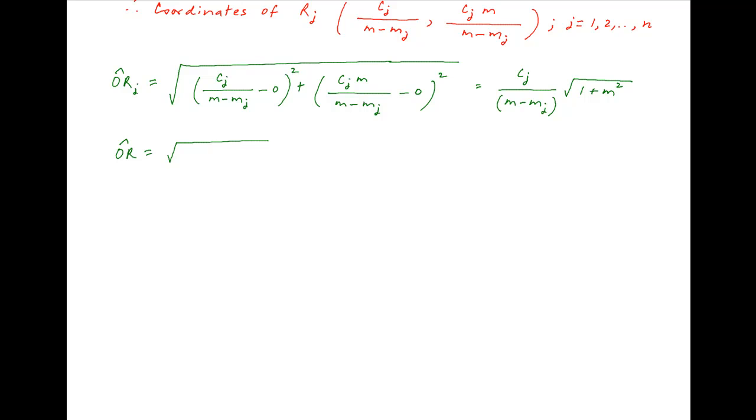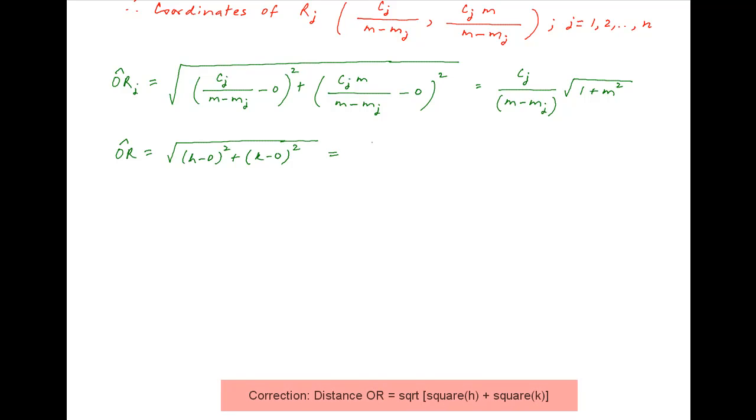And the distance OR is equal to square root of h minus 0 whole square plus k minus 0 whole square, which is equal to square root of h square plus k square.